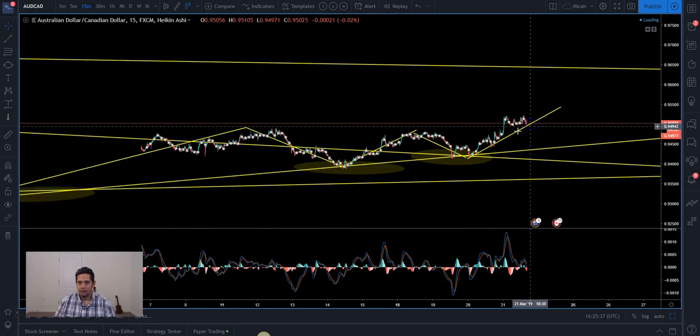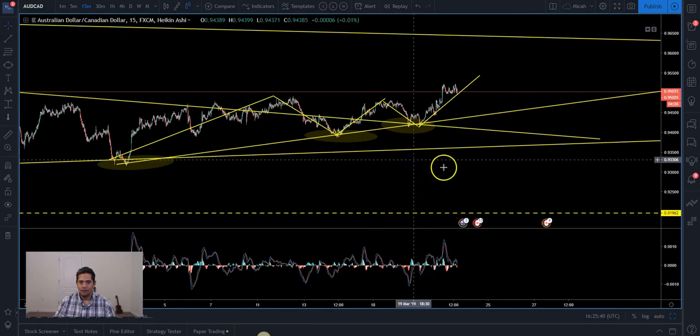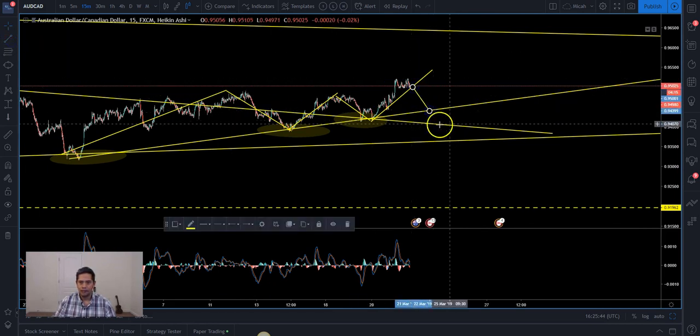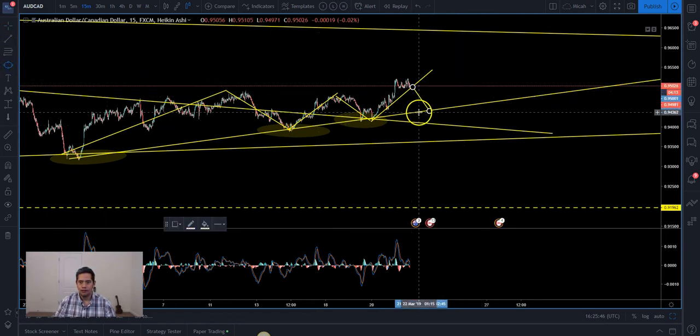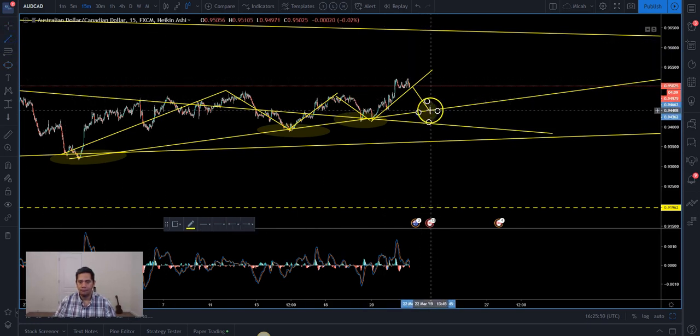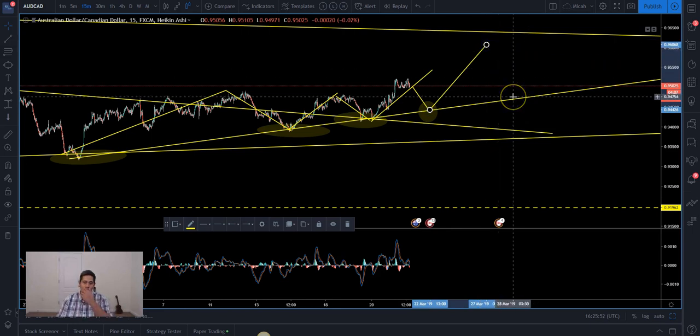So now this is the move I'm expecting: break, come back, and touch this trend line for the move back up. And this is what we're going to teach our people who partner with us, because we want them to have a full overview of the market. So personally, seeing this, I would take this trade, because I know what it's doing.